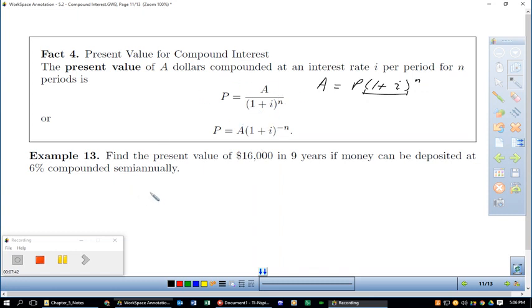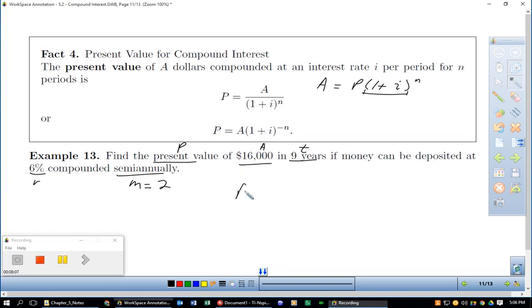So this one says find the present value. That means we're looking for P. This is the present value equation, of $16,000 accumulated amount in 9 years time if money can be deposited at 6% compounded semi-annually, 2 times a year.